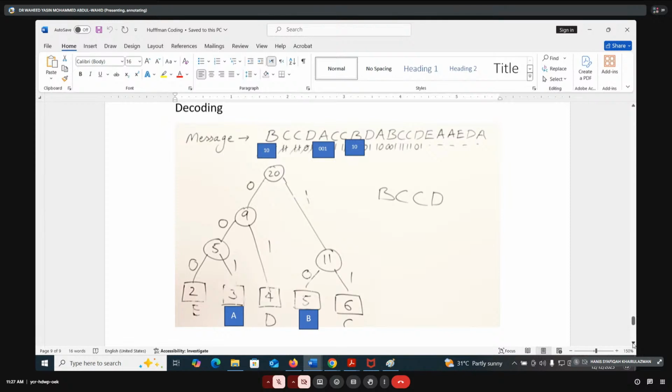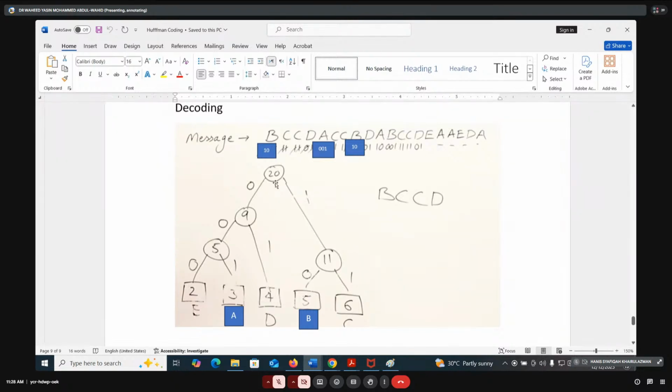So now this is coding. For decoding, if I have a message like this: B, C, C, D, B. Okay, how much is B?